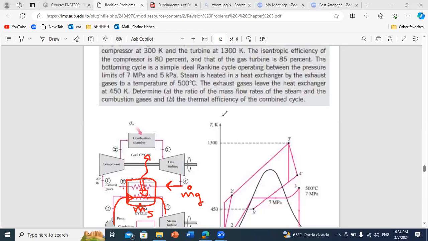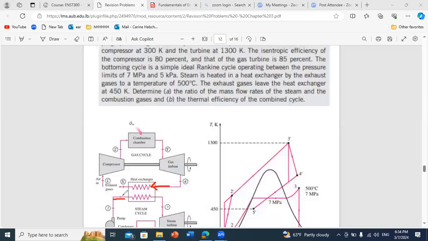So you can say that the sum of m dot in h in is equal to the sum of m dot out h out. Here you have for your heat exchanger 2 inlets and 2 outlets. What are my inlets? My inlets are 4 prime and 2.